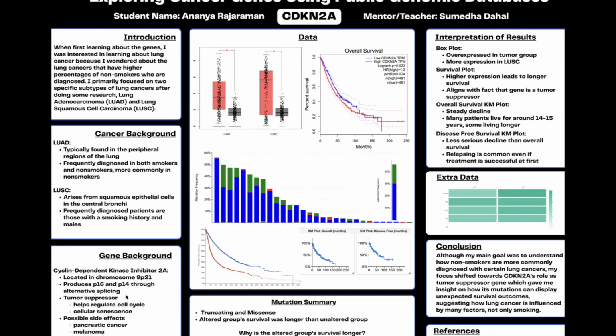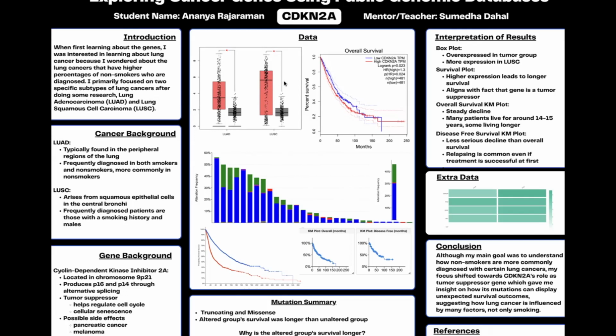And the process of alternative splicing basically allows a gene to code for different types of proteins that have different functions. So this gene is also a tumor suppressor, which helps regulate the cell cycle. And some of the side effects of this gene are that pancreatic cancer and melanoma can develop.